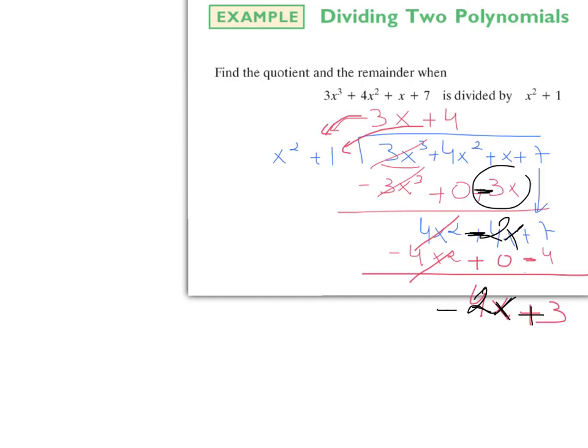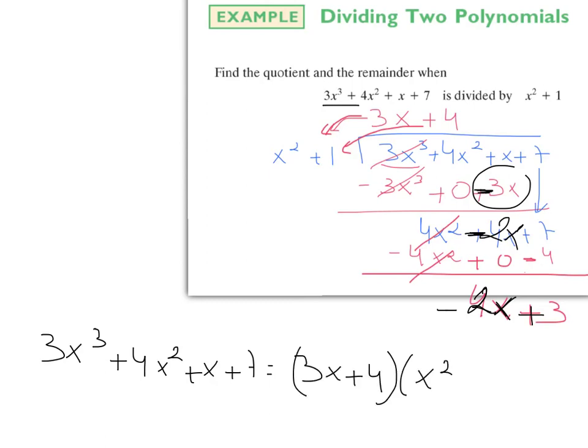Now, 3x cubed plus 4x squared plus x plus 7 equals 3x, the quotient, times x squared plus 1, the divisor, plus the remainder, which is minus 2x plus 3.